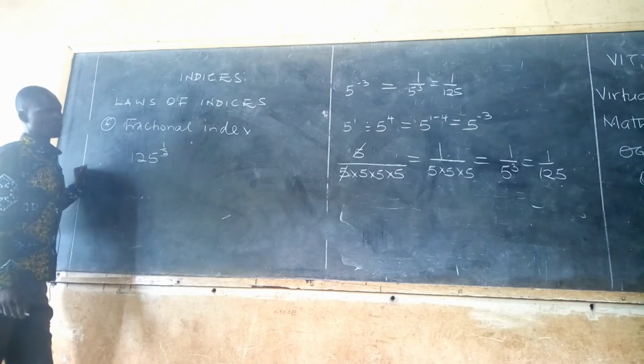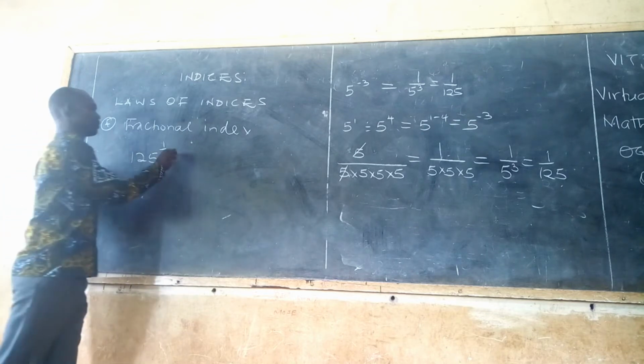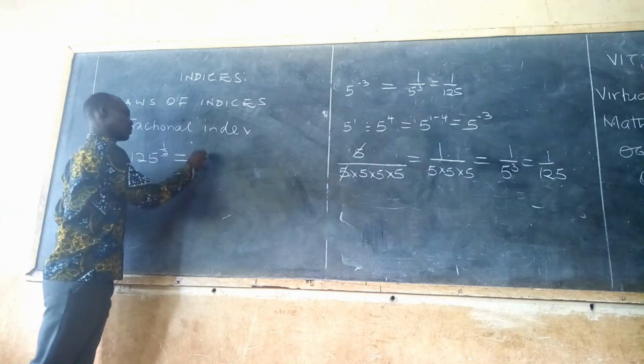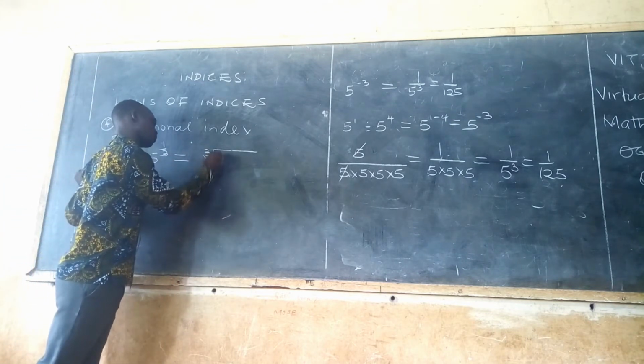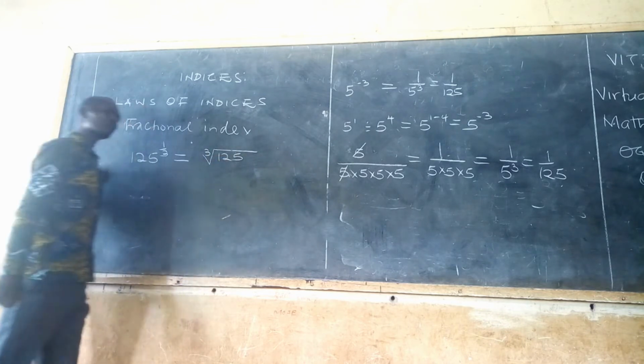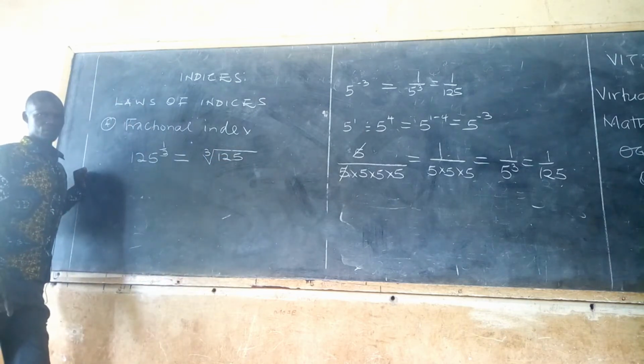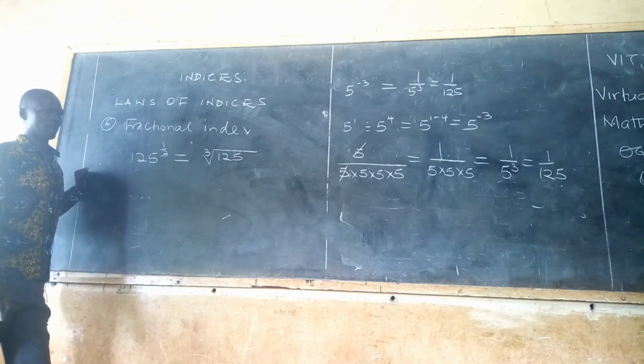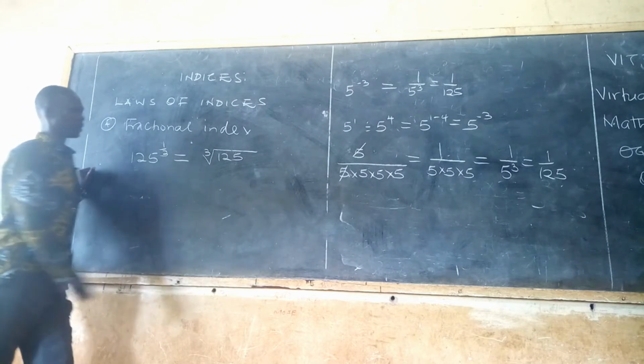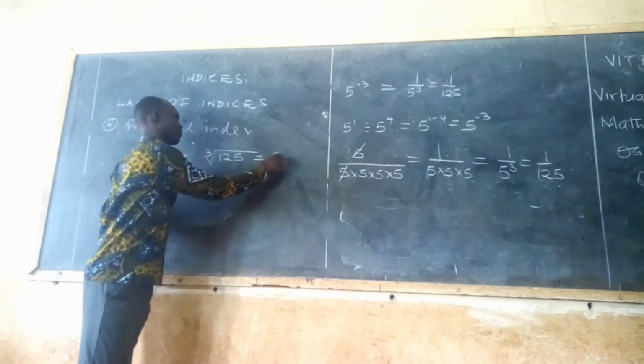I call this one the roots. It simply means the cube root of 125. In other words, give me a number that when I multiply by itself 3 times, I will get 125. Our answer here will be 5.